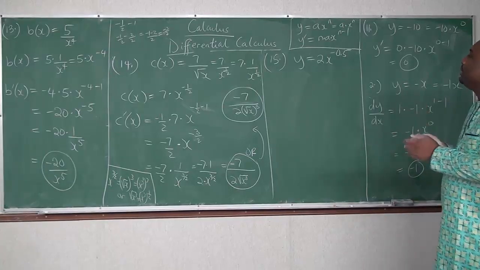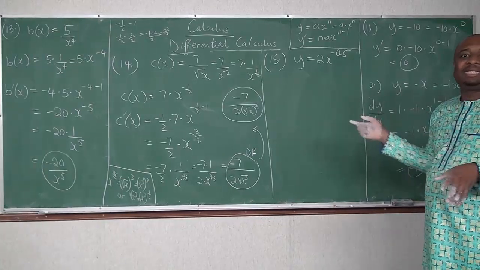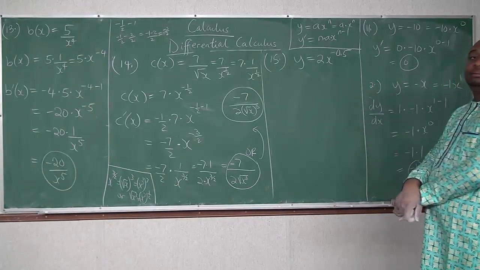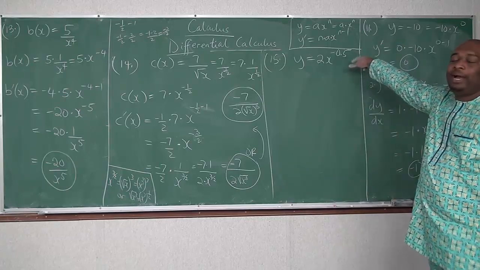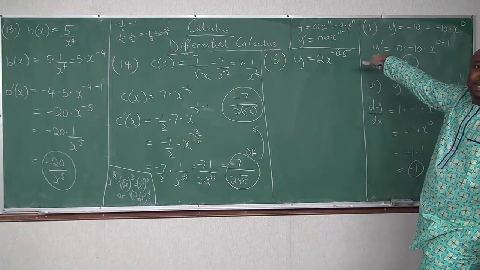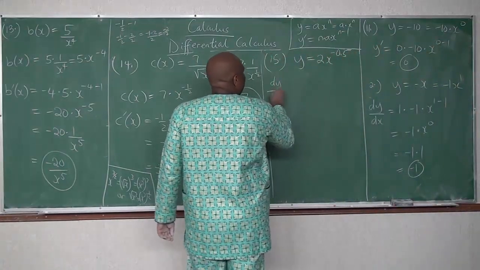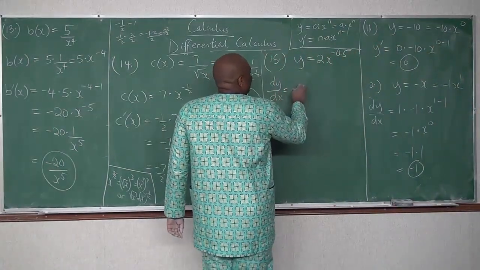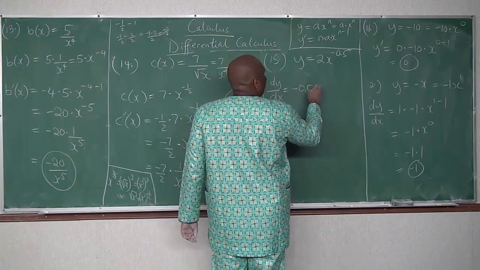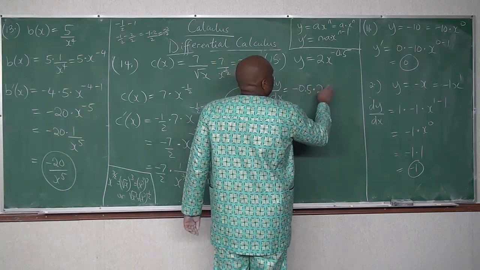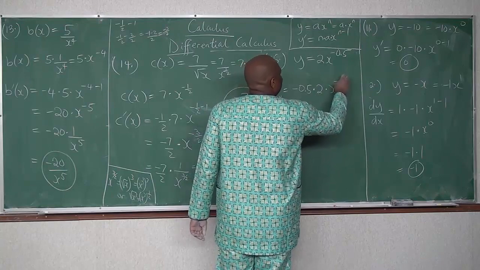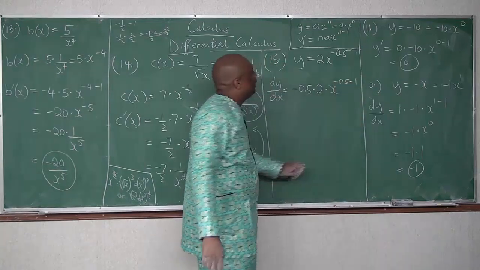Whether you have a fraction or a decimal, it does not matter. You still do it the same way. So what is dy/dx? The dy/dx will be negative 0.5 times 2 times x exponent negative 0.5 minus 1.